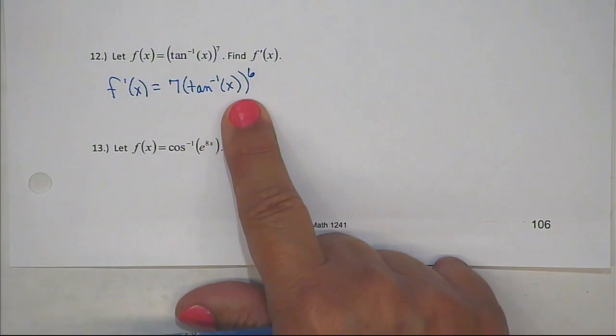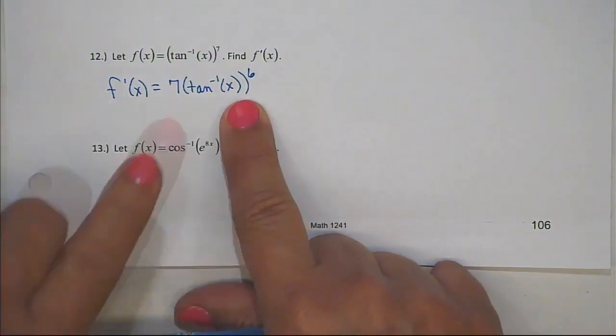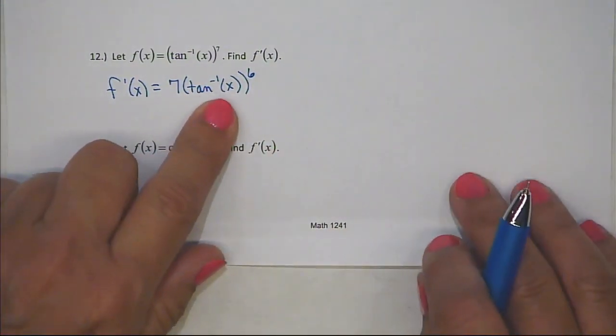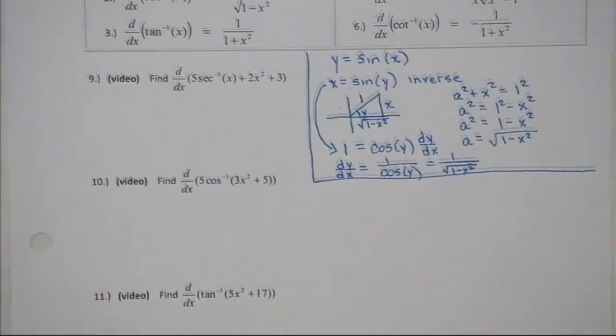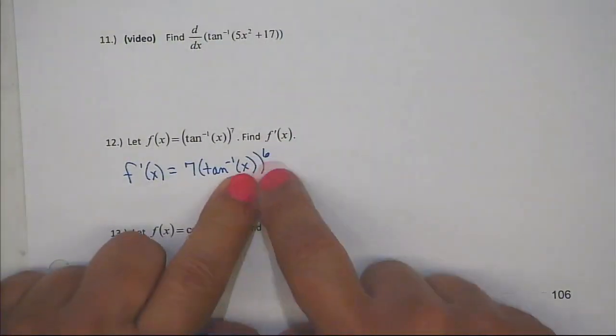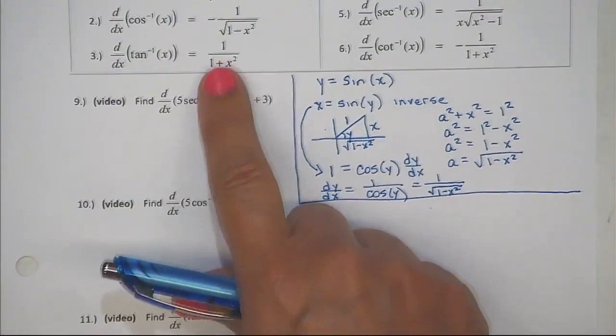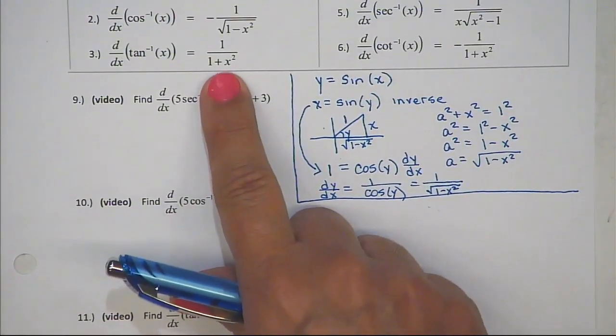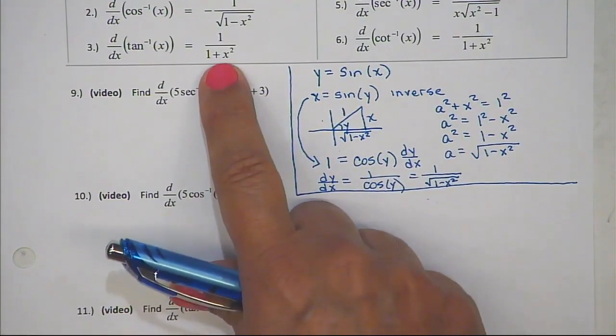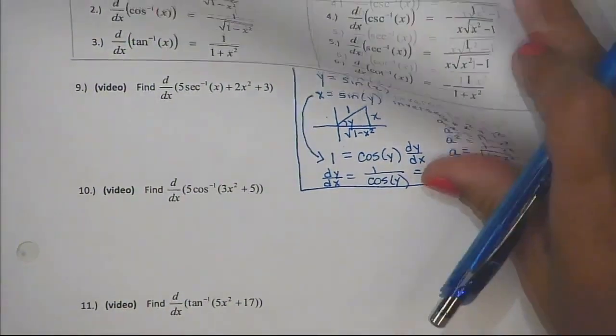Now we need the derivative of the inside. So we're going to do now the derivative of arctan. I'm going back up here. Since there's just an x in the parentheses, I'm just going to use this formula right here. The derivative of the inverse tangent or arctangent is 1 over 1 plus x squared.